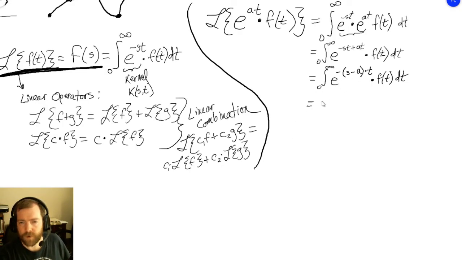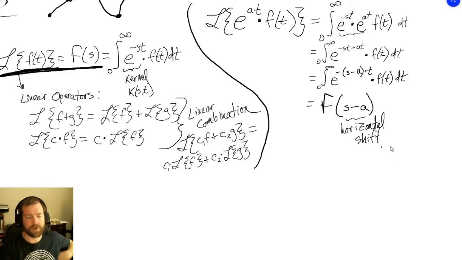This says that we're going to get a capital F of s minus a. This is a horizontal shift. If you remember the horizontal shifting that we were talking about with function transformation way back when, this is how this works.